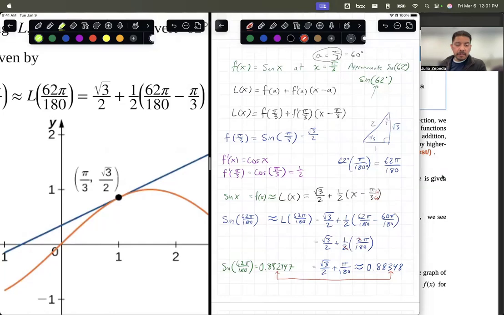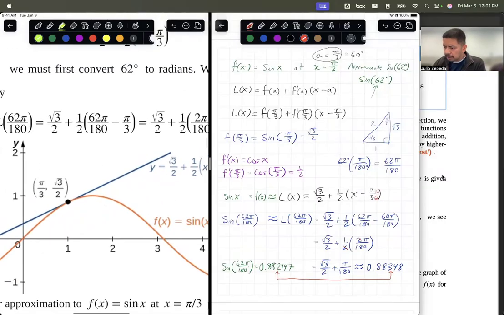So the further that you go away, if I want to find the sine of pi, which we know is equal to 0, well, this tangent line is not going to be a good approximation at pi, or 180 degrees, because our approximation is centered at 60 degrees.